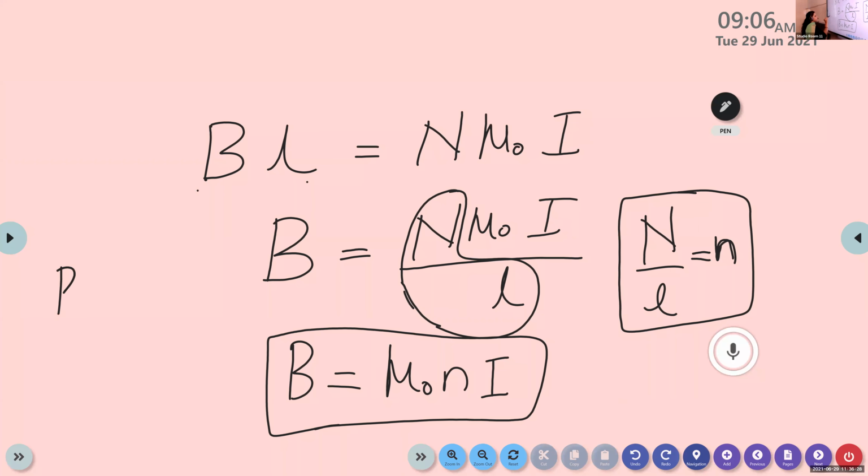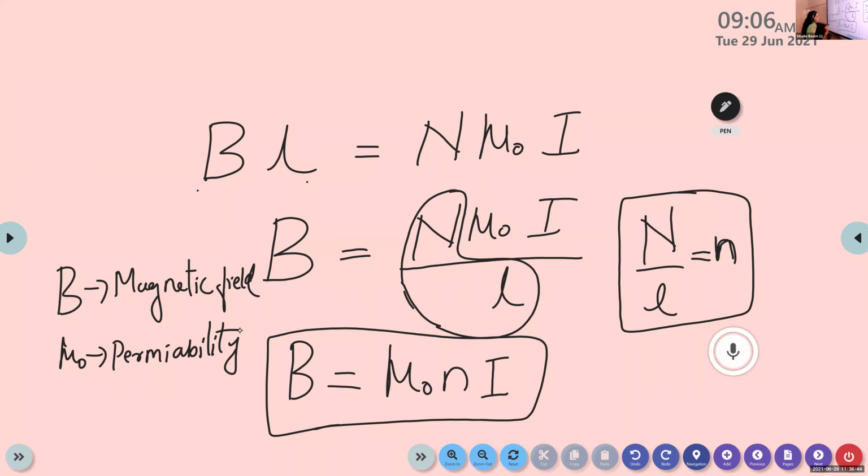And here we know that B is the magnetic field, and mu 0 is the permeability of free space, and I is the current. And what does small letter n represent?